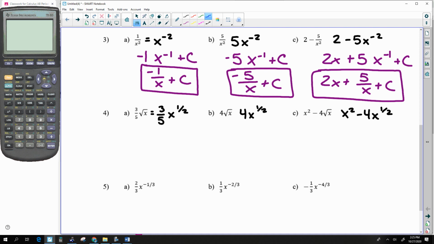So when I see that I have an x to the 3/2, what in essence I'm doing is I'm multiplying by a 2/3. So it's multiplying by a reciprocal, right? That's a division of a fraction. It's a multiplication of a reciprocal. So you'll see some of this kind of action taking place. So this ultimately will be 2/5.